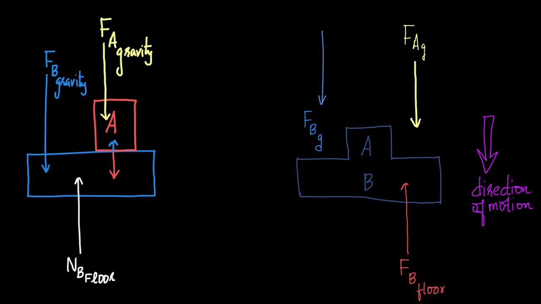Now the direction of motion is downwards. So there are two forces acting along the direction of motion, and there is one which is against the direction of motion, right?